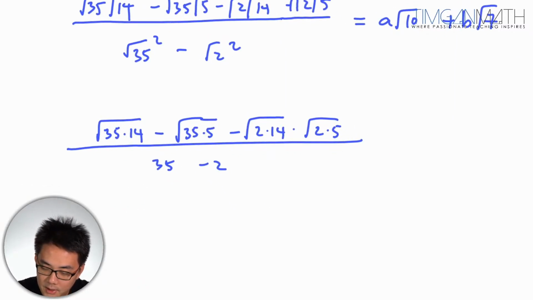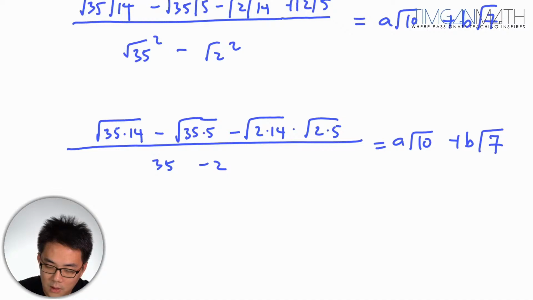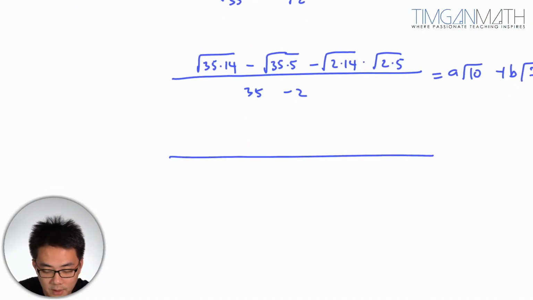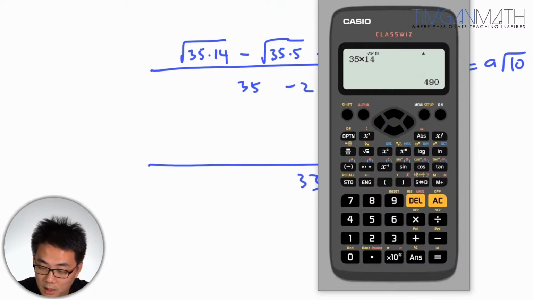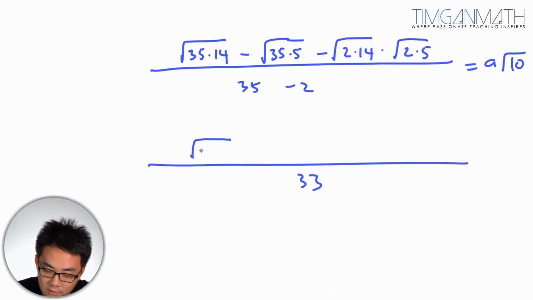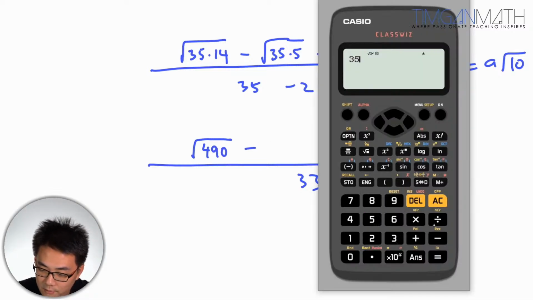Okay, so by doing this, 35 minus 2 is 33. Then 35 times 14 would be 490, root 490. Can we square root 490? No, we can't. So this is root 490 minus 35 times 5, which is actually 175.